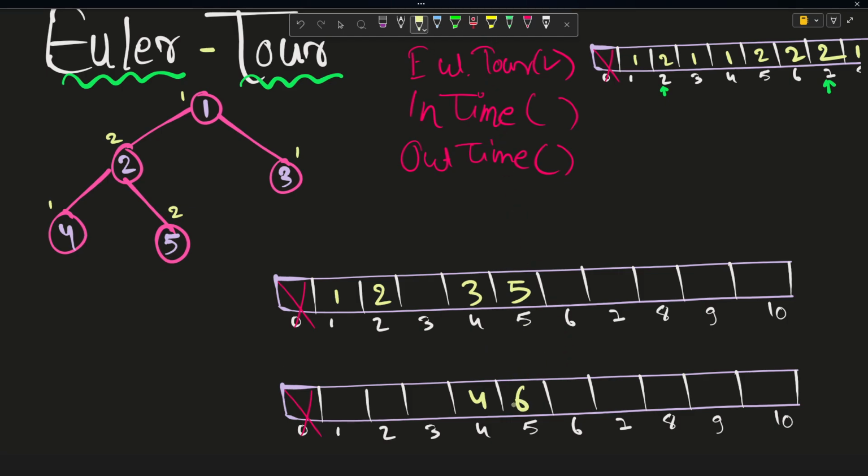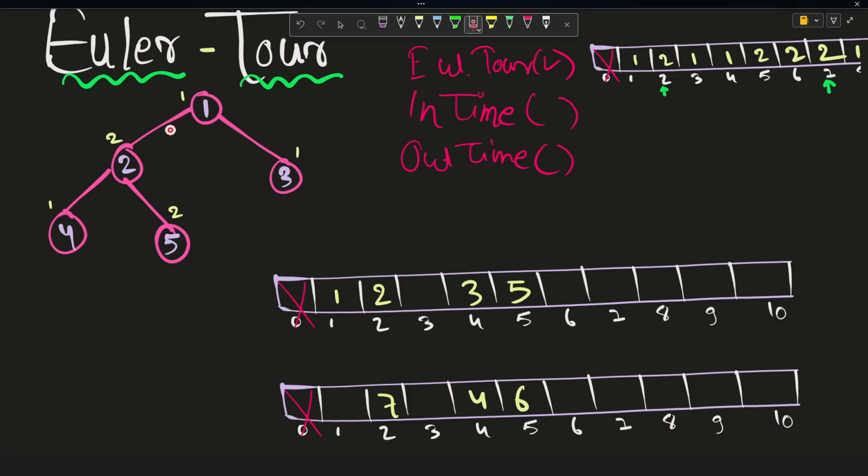So it will be 6 now. And now after exploring both these left and right parts, I will be standing at this node again. And since I have to again go from this node to the upper side and I will not return to this node again, that is, I am going out of this node, what will be the out time of this second node here? It will be 7 now, because every time the timer value is getting increased by 1. You can imagine it like a ticking clock.